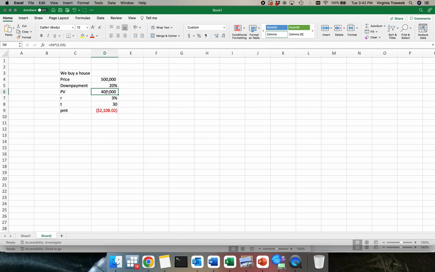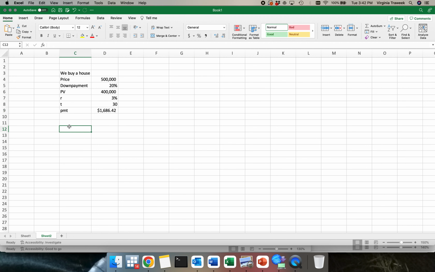So this is the amount of our loan. And let me change, instead of D4, it's going to be D6. Sorry. I'm going to put a negative in front of this so that it's not too weird. All right, so our payments are $1,600.86 per month for this $500,000 house that we put $400,000 down on.